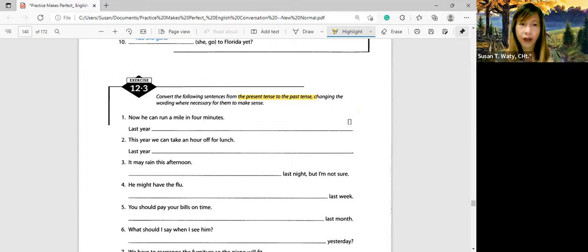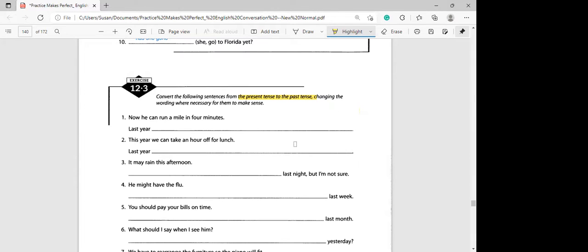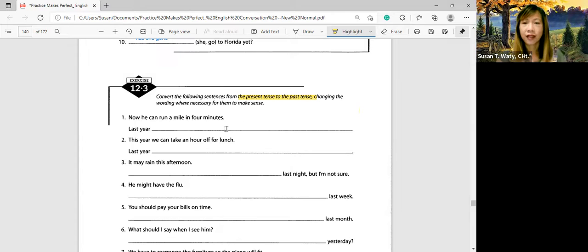I'm going to have Angelina try number 1. Now he can run a mile in 4 minutes. Last year, he could run a mile in 10 minutes. Okay, yes, that's good. So when you change from present tense to past tense, it is only affecting the verb.